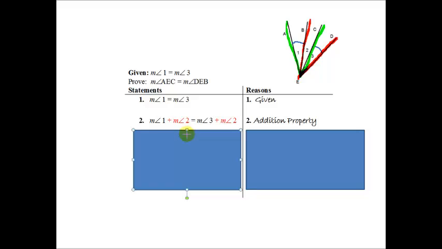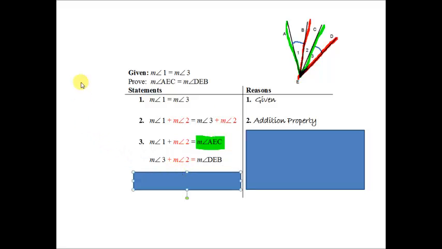So this next statement is going to say just that. Angle 1 combined with angle 2 is our AEC angle. That's our green angle that we've highlighted. And angle 3 with angle 2, that is our red angle that we've highlighted. I'm loving these highlighters.